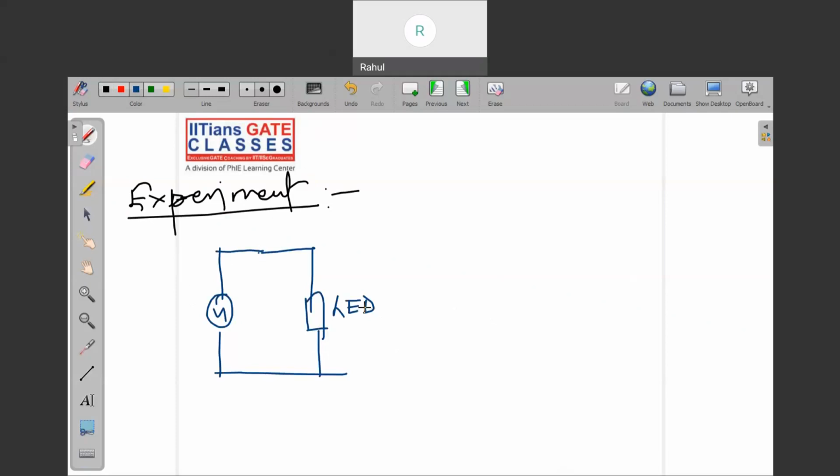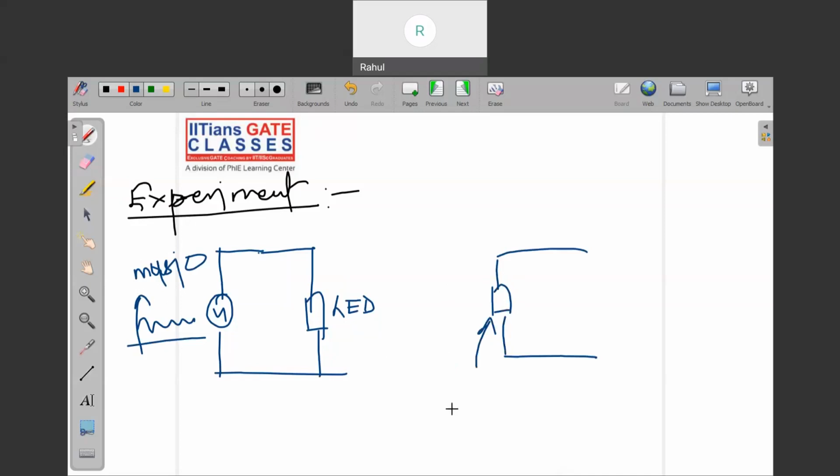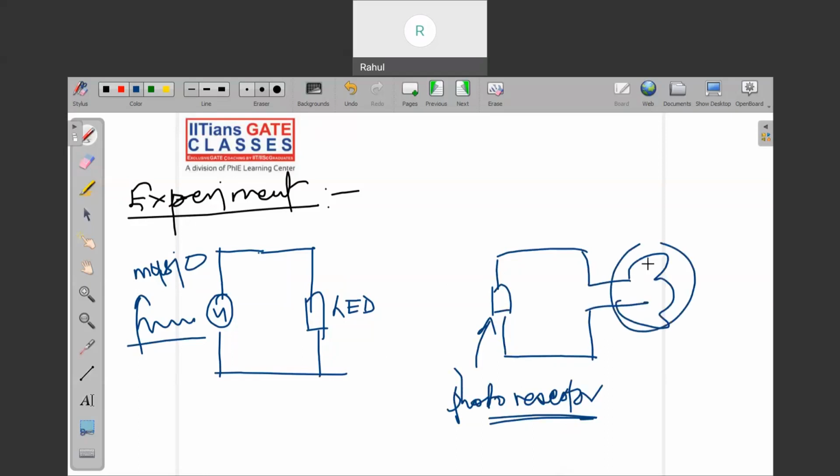You are playing some music, and there is a photo resistor here, and at this end there is no connection at all. The photo resistor will accept some photons, or you can say light. And there is a speaker to listen to the music.